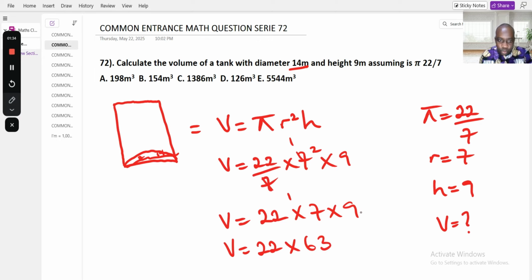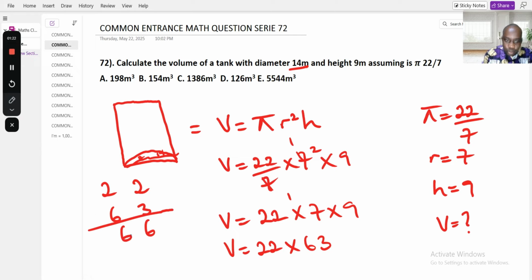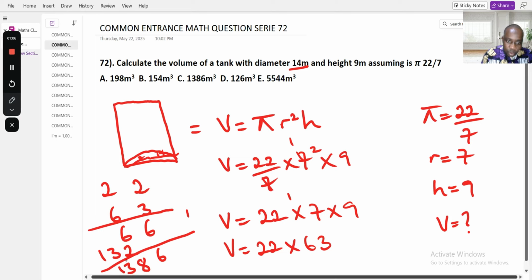Let's multiply 22 by 63, let me write it here. 22 multiplied by 63. 3 times 2, 6. 3 times 2, 6. 6 times 2, that's 12. 2, mean that 1. 6 times 2, 12. Add 1, 13. 6 plus 6 here. 6 plus 2, 8. 3, 1.